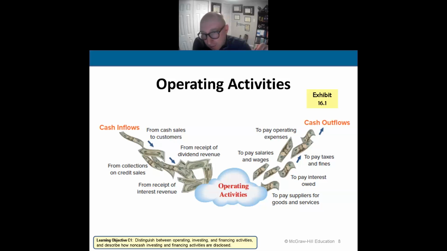Cash coming in minus cash going out equals net cash flow.